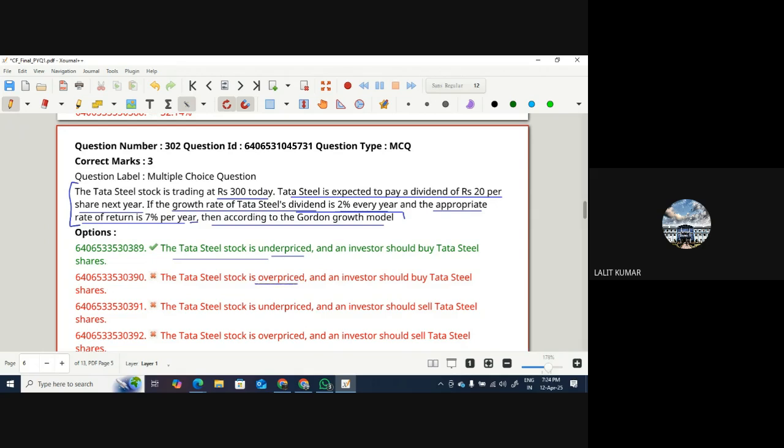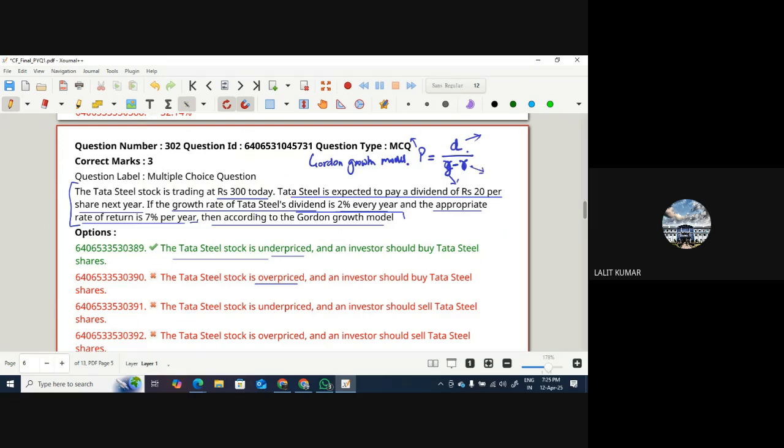Okay, so what is the formula for the Gordon growth model? Gordon growth model says that your price is equal to dividend divided by R minus G, where P is the price, D is the dividend, G is the growth, and R is the rate.